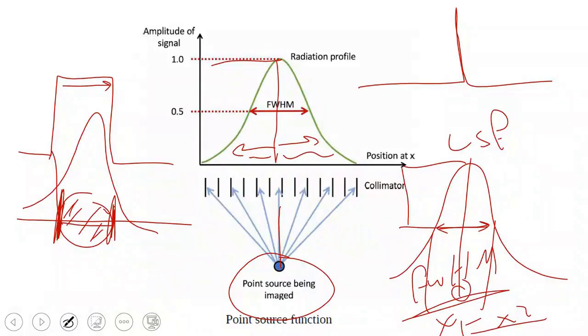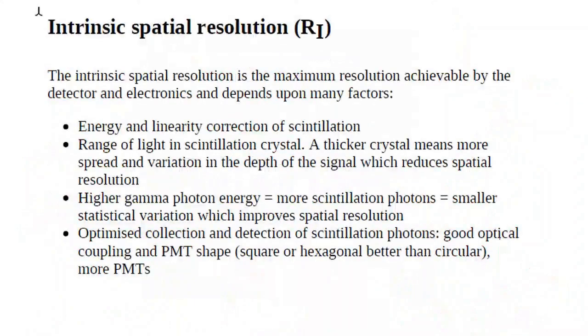As we discussed last time, there are two types of resolution: intrinsic resolution and extrinsic resolution. If you remember the topic of intrinsic resolution, am I using a collimator or not? Okay, if I'm talking about extrinsic, then I'm using the collimator.